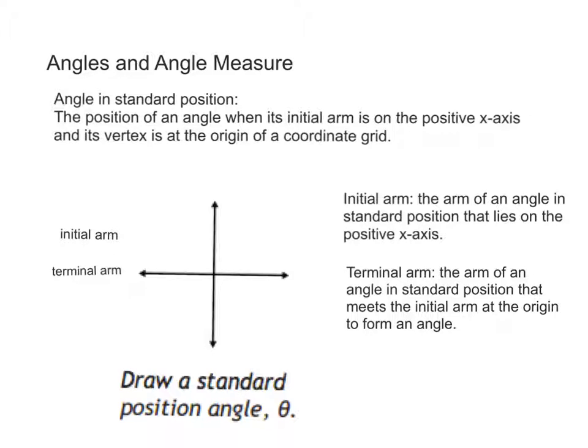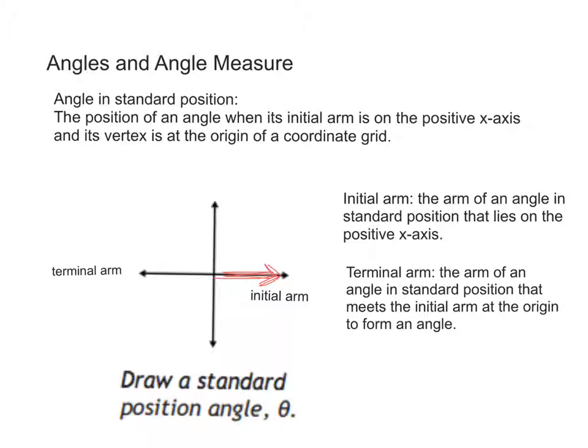But if you look at this coordinate system that I have drawn here, right along there, that arm of the angle is the initial arm. And it doesn't move. The initial arm is right there on the positive x-axis. It starts at the origin and goes out. It doesn't move. For an angle in standard position, it's always there.